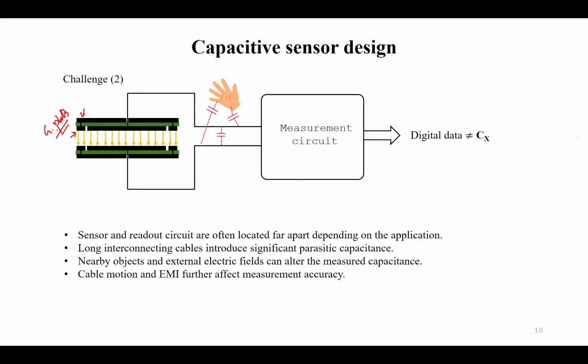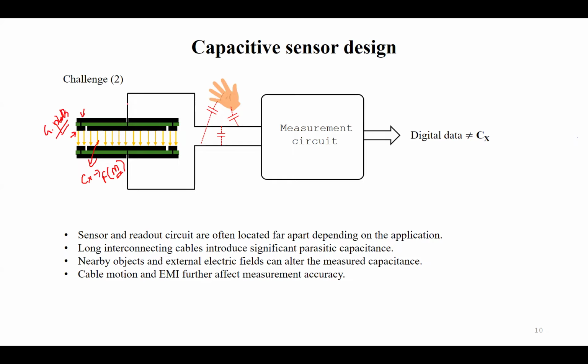And I use the same sensor to measure, for example, displacement or vibration, whatever. And I want to measure this, right? So any change in the capacitance CX, I need to measure so that I can find the value of this measurand.